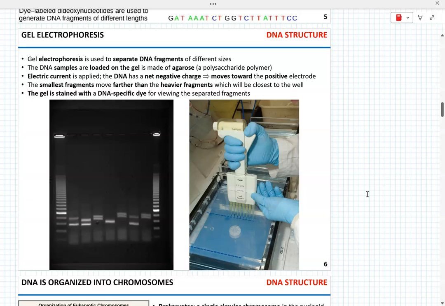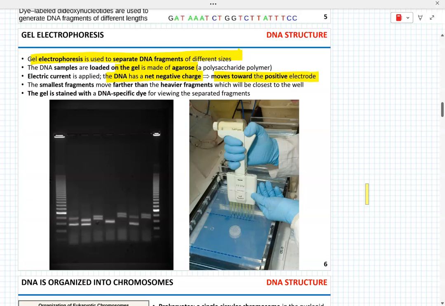So gel electrophoresis that we've mentioned is the process that separates DNA fragments based on their size. Samples of the DNA, you can see the image on the right, are loaded into the gel made of a polysaccharide called agarose. Due to the composition of the buffer, the DNA during gel electrophoresis has a net negative charge, and when electric current is applied, it moves towards the positive electrode.